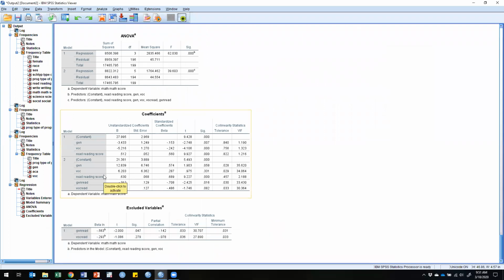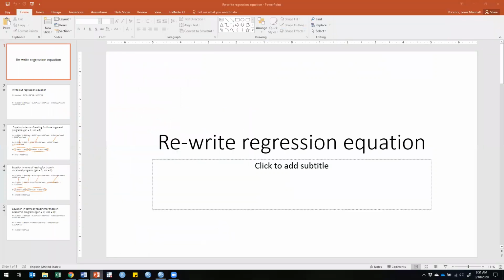We get the regression equation from our coefficient estimates here. So remember, the regression equation is the constant plus their value on what academic program they're in, so whether they're in the general track or not, times their coefficient estimate, plus the coefficient estimate for vocational programs, plus the coefficient estimate for reading score, plus the interaction effects.